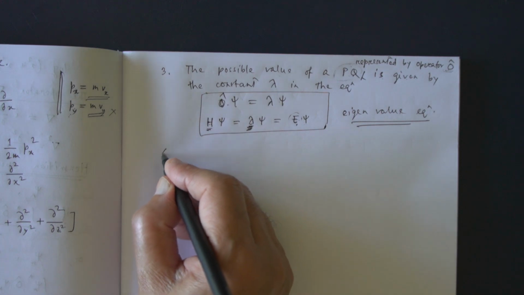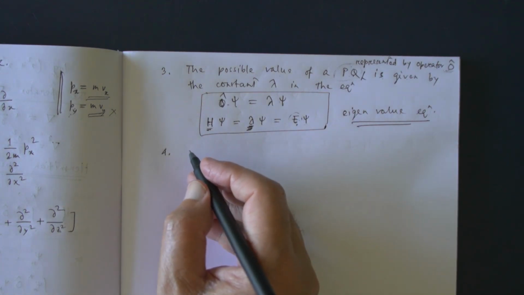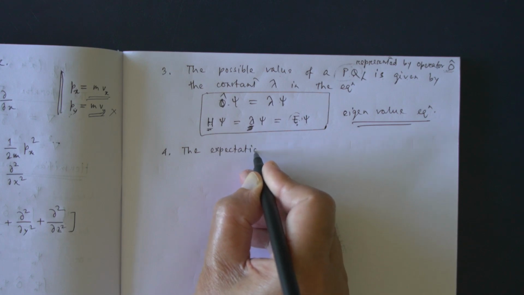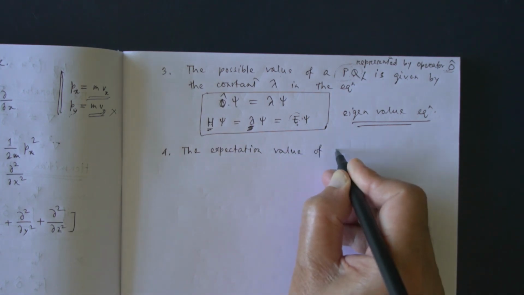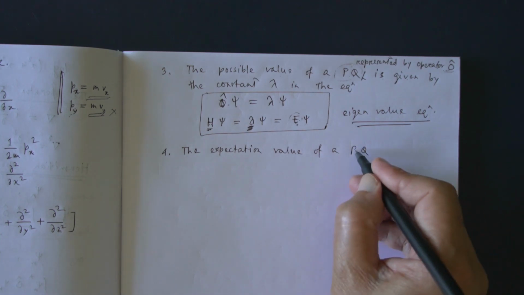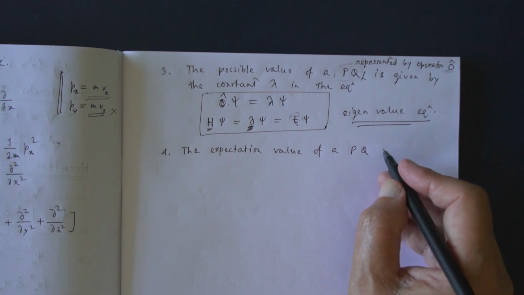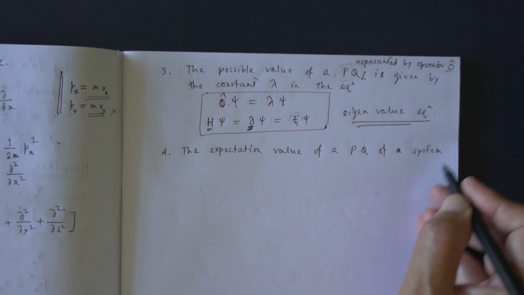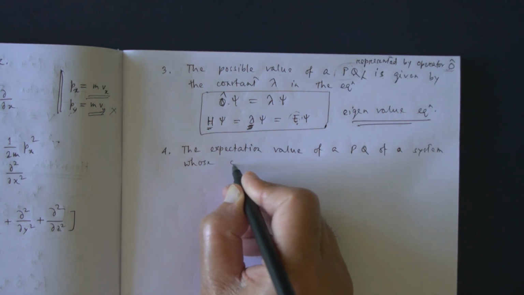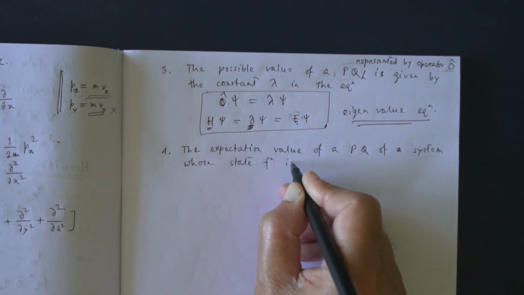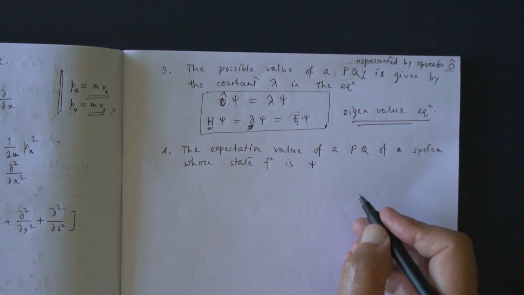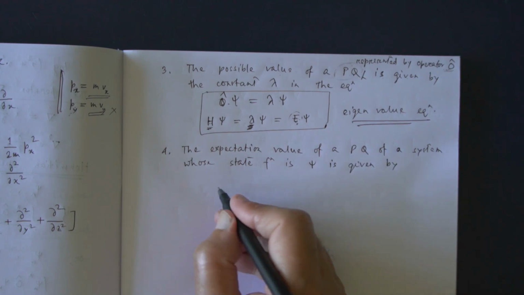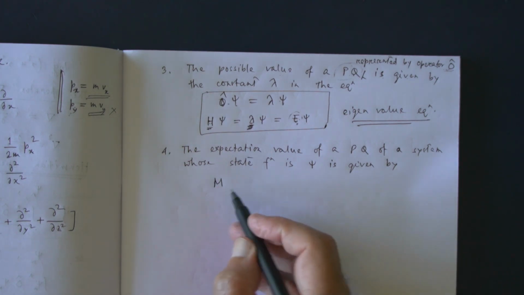Next, postulate 4, the fourth postulate. The expectation value of a physical quantity of a system whose state function is psi is given by... Say this is the expectation value, say physical quantity.